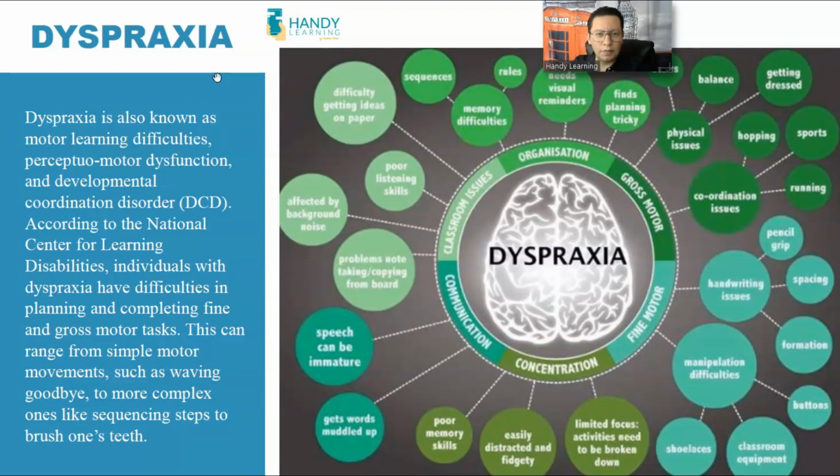They have problems with interrelationships, right? Because they have poor listening, they have difficulty getting ideas and expressing their ideas on paper and also in speech form. They are affected by the background noise, right? So everything that could be a distractor affects these people a lot. Okay, so this is basically dyspraxia.